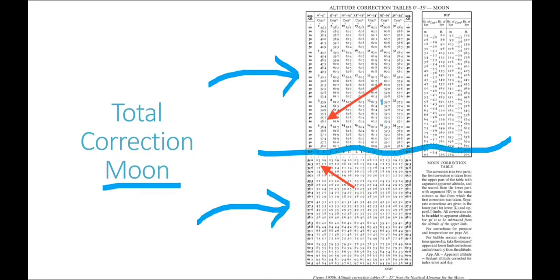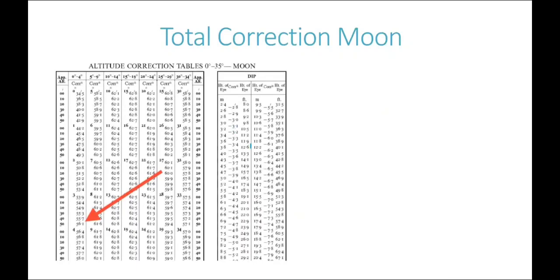If you zoom into the upper part, this is how the upper part looks like. We enter into the upper part of the table with the apparent altitude. You see, we enter with apparent altitude. Let us say, for example, the apparent altitude of the moon is, let us say, 32 degrees and 30 minutes.